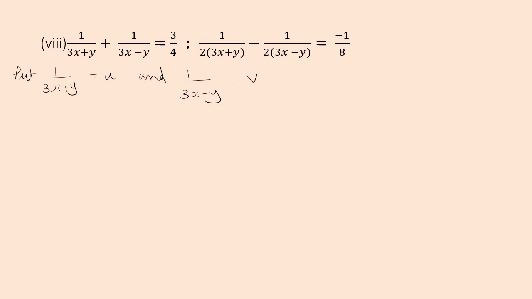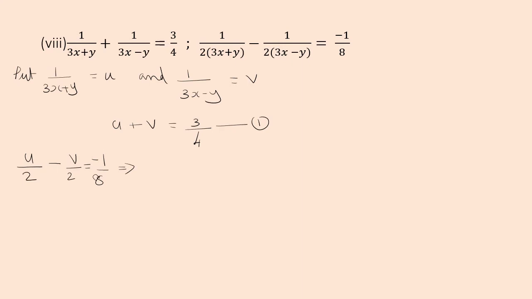Then the equation becomes 1 upon 3x plus y equal to u. So the first equation we can write as u plus v equal to 3 upon 4. Number the equation as 1. And the second equation you can write as u upon 2 minus v upon 2 equal to minus 1 upon 8.